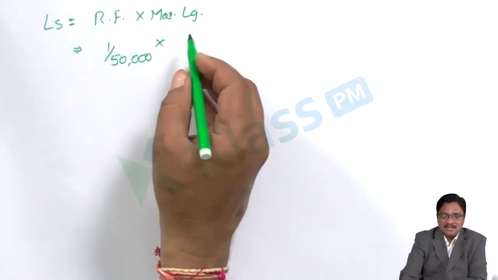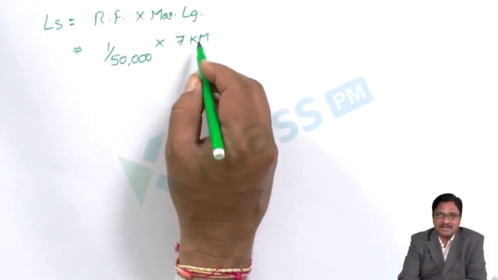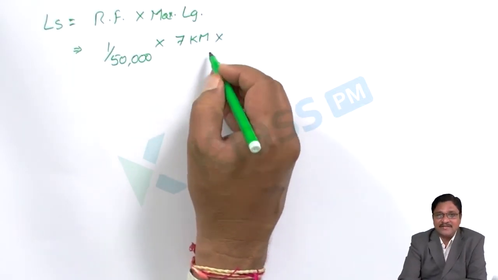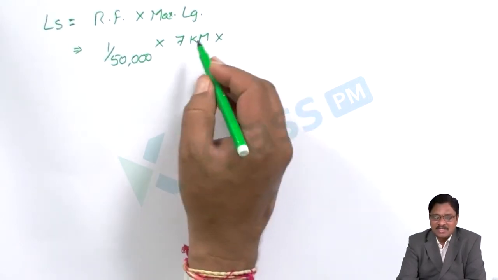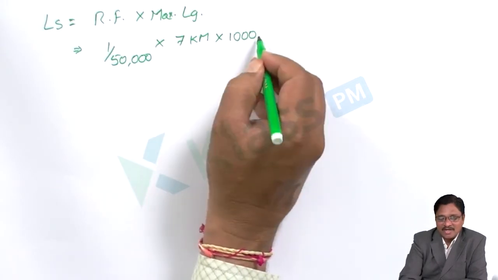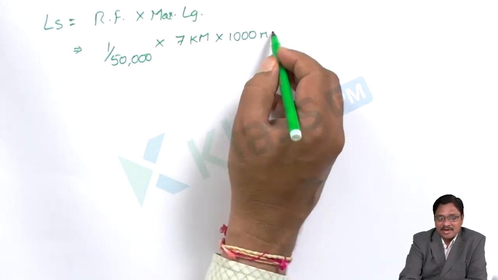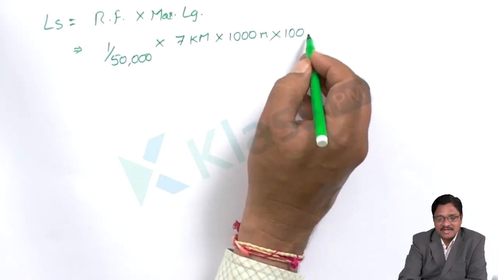Let me consider that 7 kilometer is not feasible to represent in our drawing, so a convenient scale is centimeter. So bring down the units until you get centimeters. 1 kilometer I can write as 1000 meters. Meter again is the problem, so let me multiply with 100, so that 1 meter equals 100 centimeter.